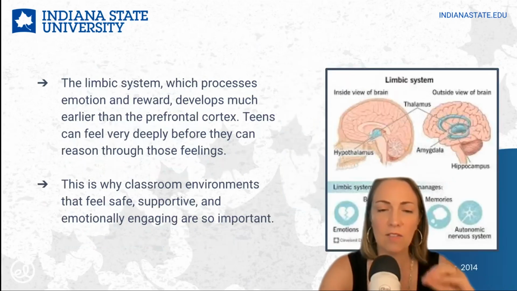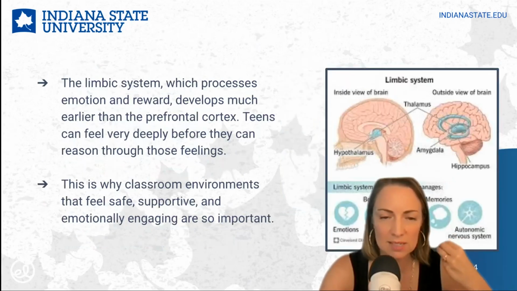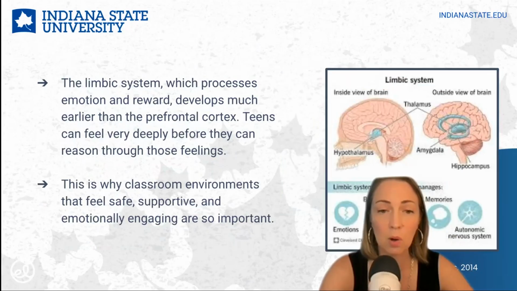They are very sensitive because of their limbic system. They're highly sensitive to emotions and the reward processing center. And so they can make decisions typically based on more feelings versus rational, logical decision making. And this is why it's key to create a really safe and positive school environment.